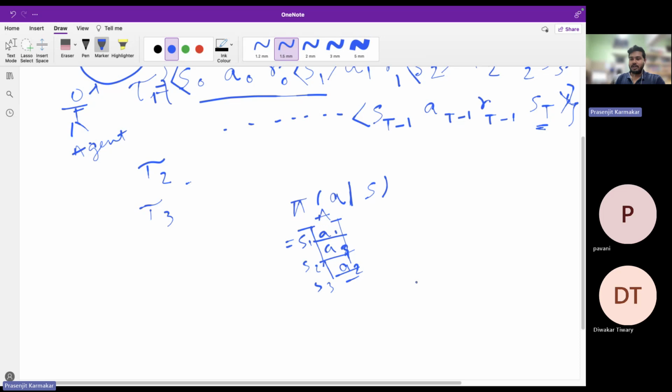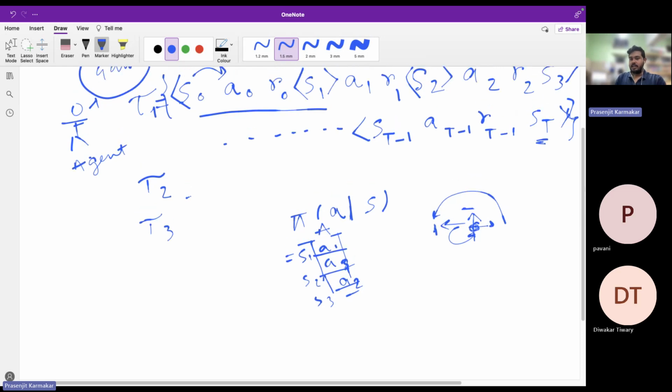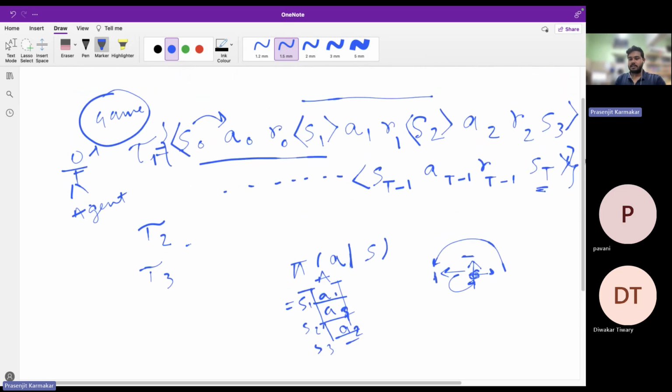Our intention was to go right, but I can end up going forward because of the slip of the tiles, or I can fall down, looping back to the same state, or I can go left also. So there are non-zero probabilities of reaching other states if my environment has a stochastic or probabilistic nature. That's why, with the same policy and the same environment, you can have different trajectories of samples.